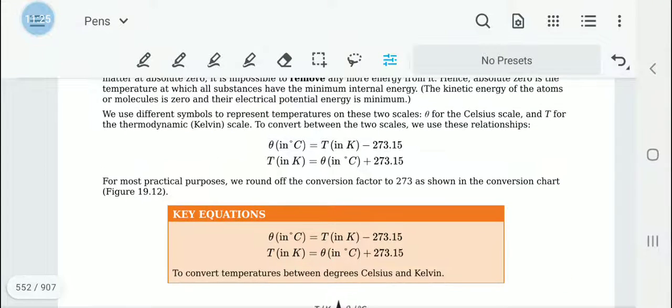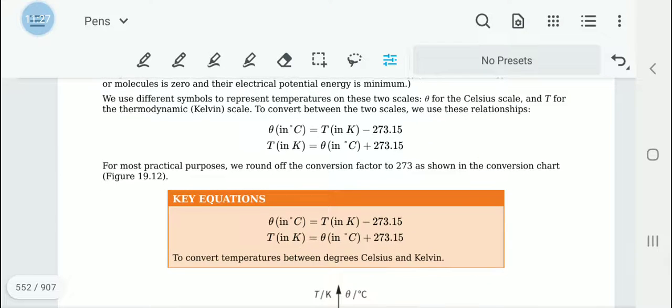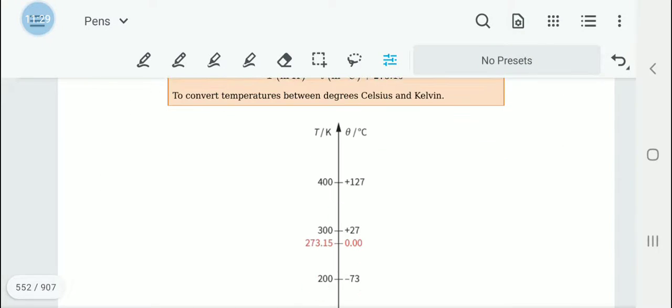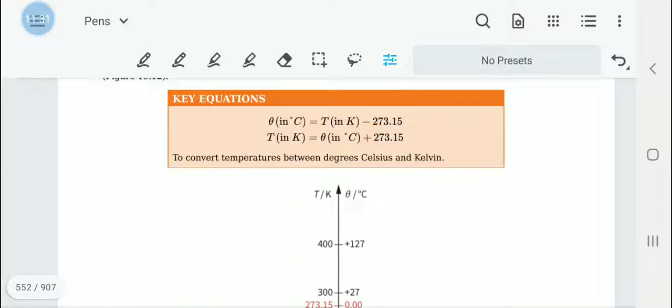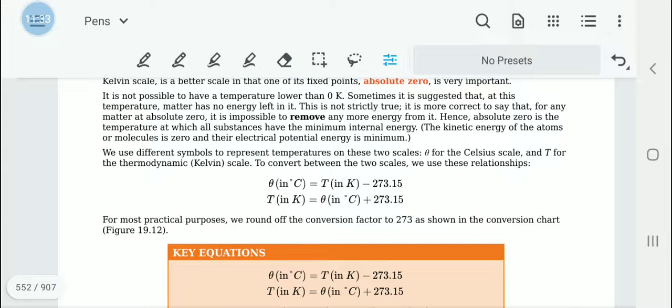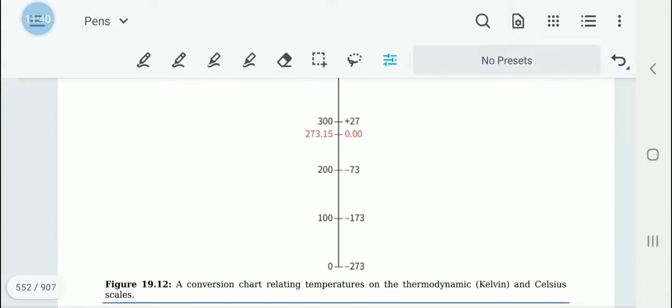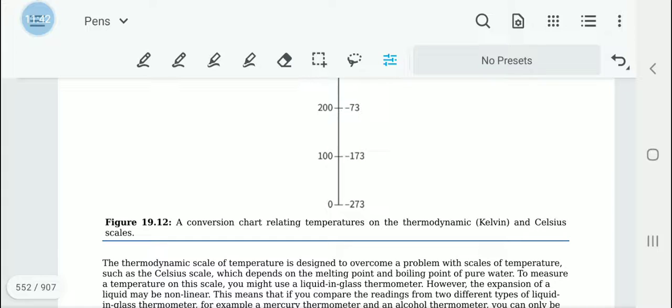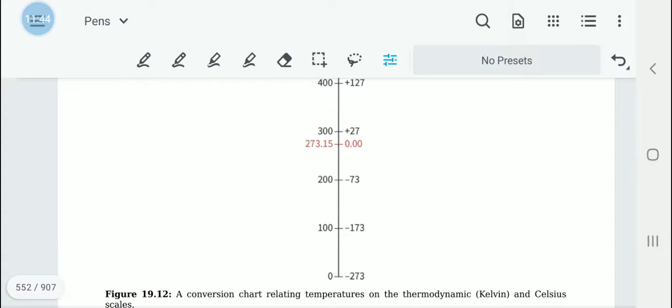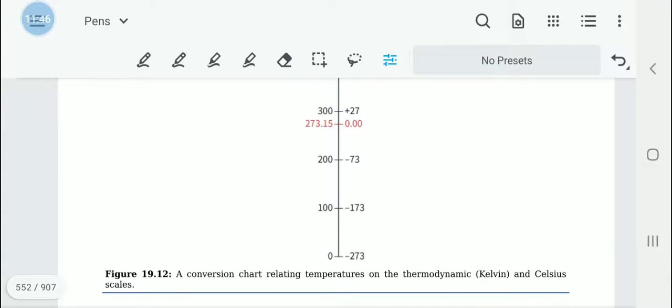So what have you done? Here you have converted Kelvin into Celsius, then negative 273.15, right? So that conversion is something that you have already learned.